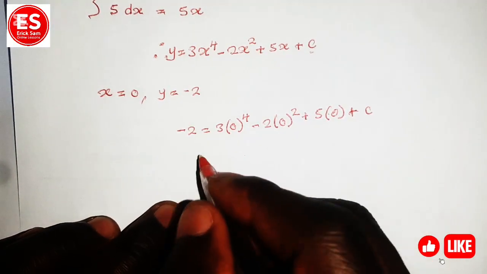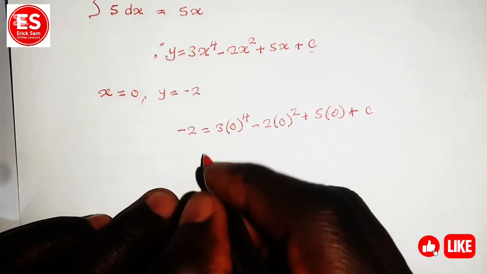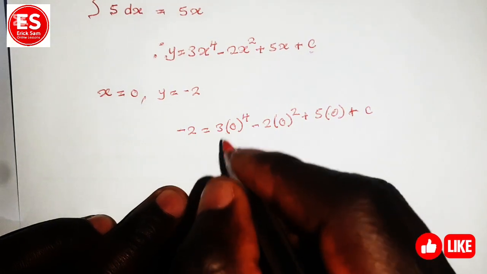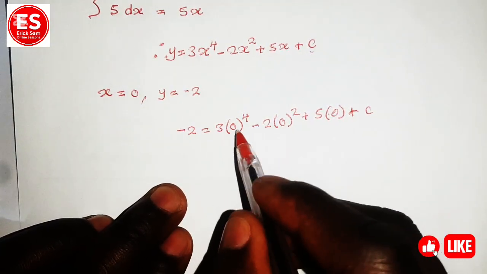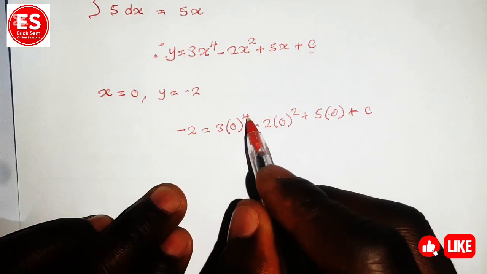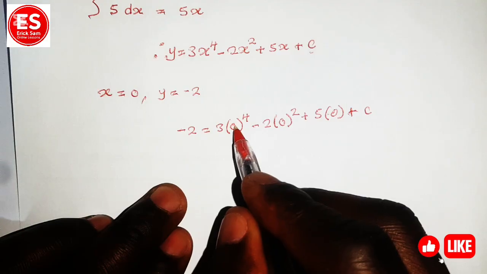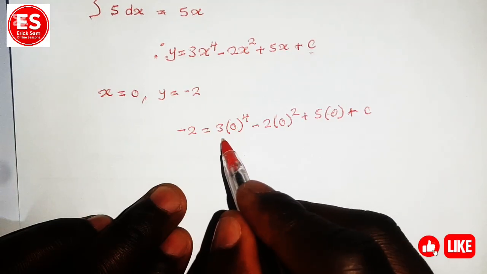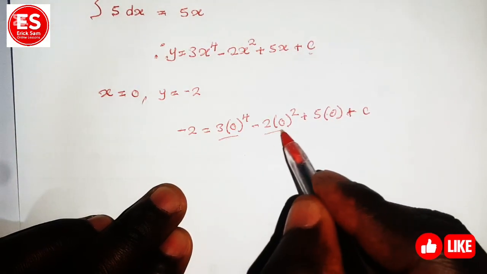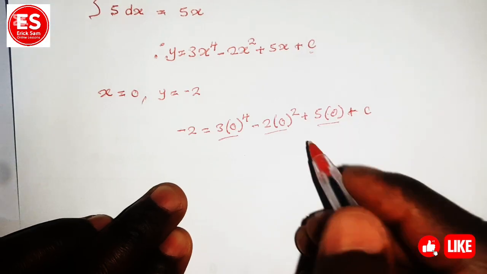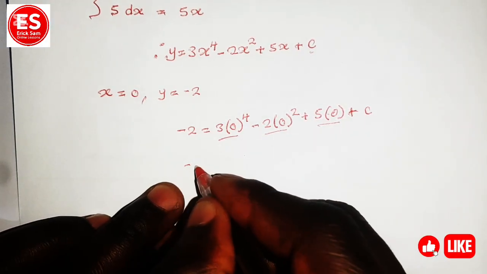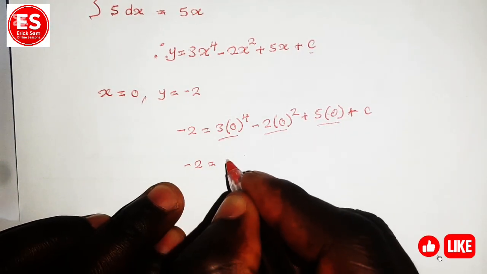From there, if I simplify here, I know that is 0. If I multiply 0 four times, it gives 0, times 3 is 0. So this will give us 0, here 0, here 0. We'll remain with c, so -2 is equal to c.